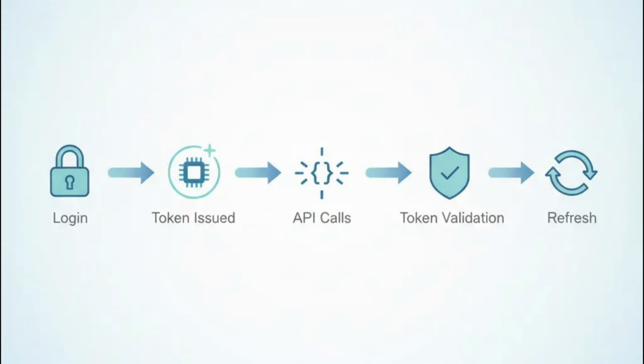Client sends access token in the authorization bearer header. 6. API validates the token signature plus claims. 7. API returns data if authorized. 8. When the token expires, client refreshes or logs in again. That's the entire movie. Now we'll go scene by scene.